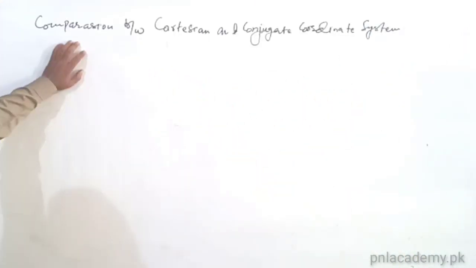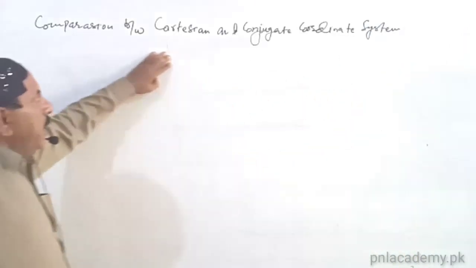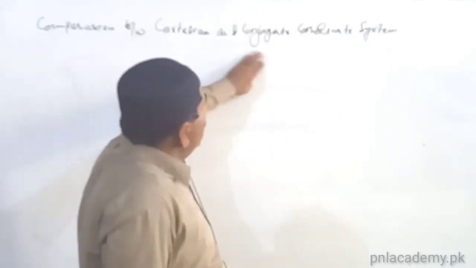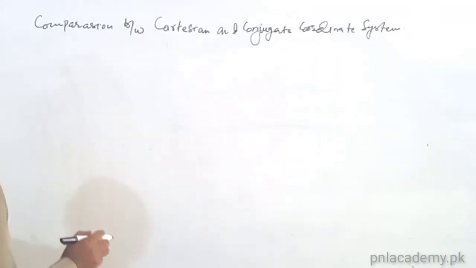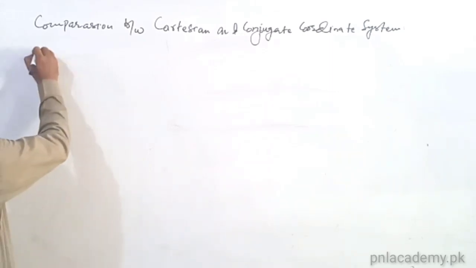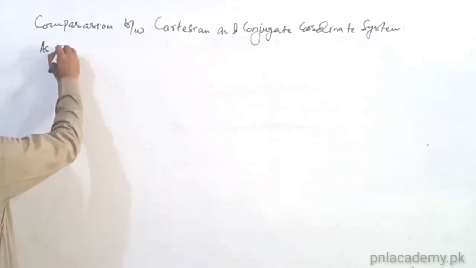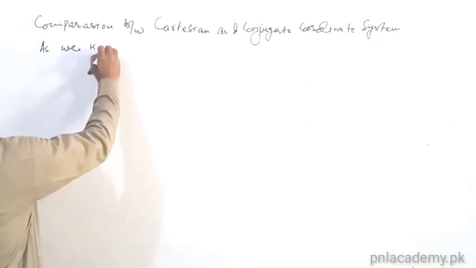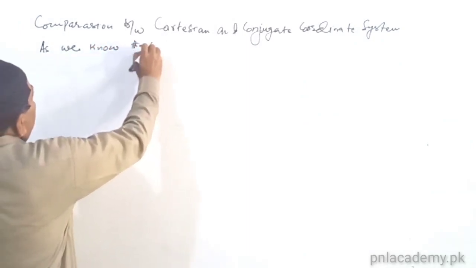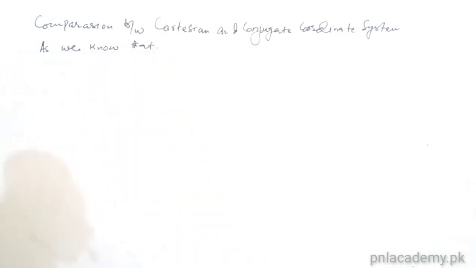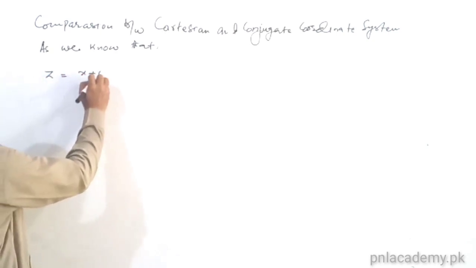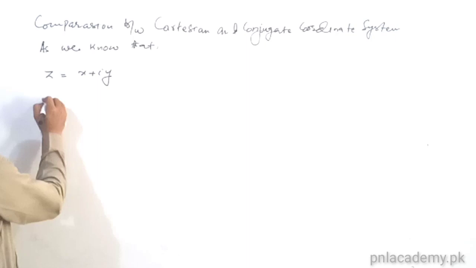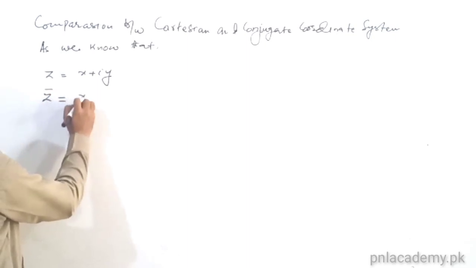Okay. Comparison between Cartesian and conjugate coordinate system. As we know that z is equal to x plus iota y and z bar is equal to x minus iota y.